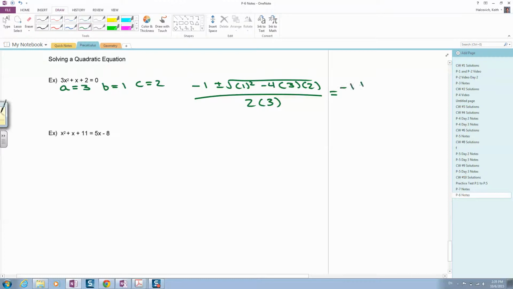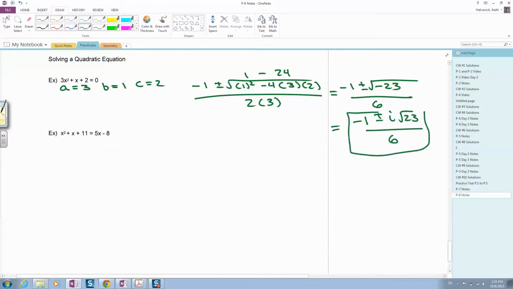So it's negative 1 plus or minus, so you have 1 minus 24, which is the square root of negative 23, all over 6. And the square root of negative 23 becomes i rad 23. And that is your final answer.